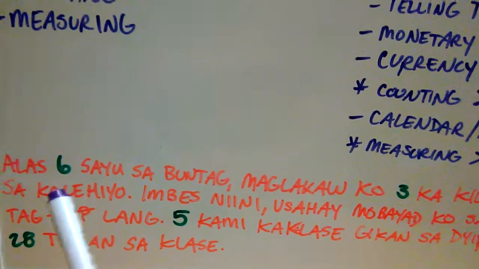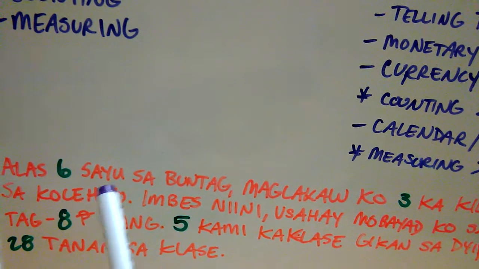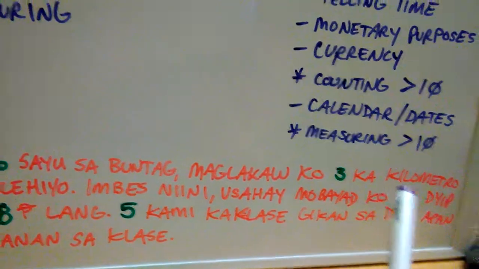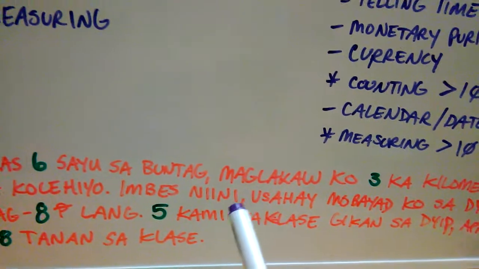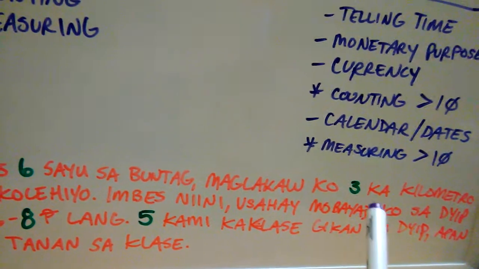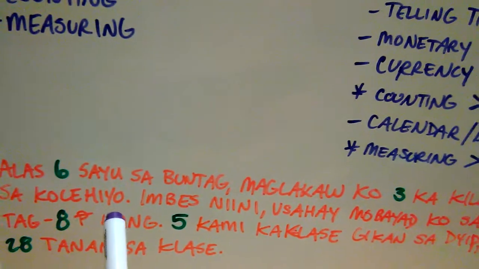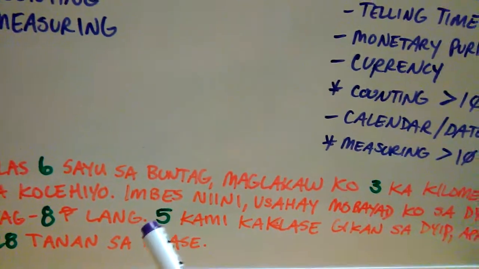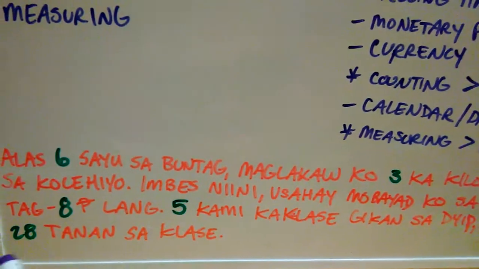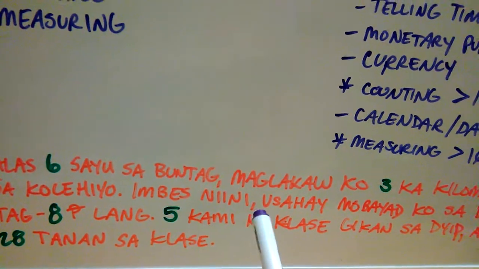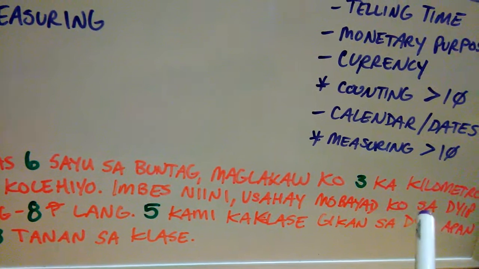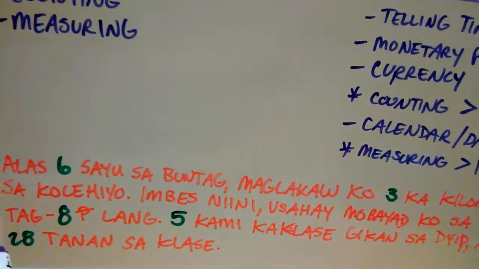Right? So, alas 6 sayo sa buntag, at 6 o'clock early in the morning, maglakaw ko 3 kilometro sa kolehiyo. I will take a walk for 3 kilometers to college. Imbes ni ini, usahay mo bayad ko sa jeep. Instead of this, sometimes I will pay for a jeep, right?